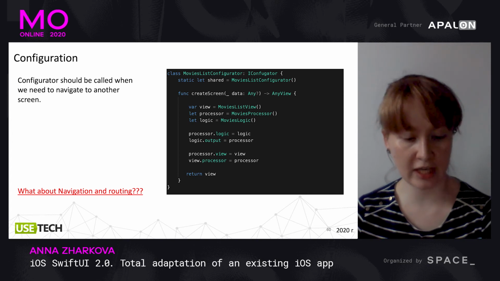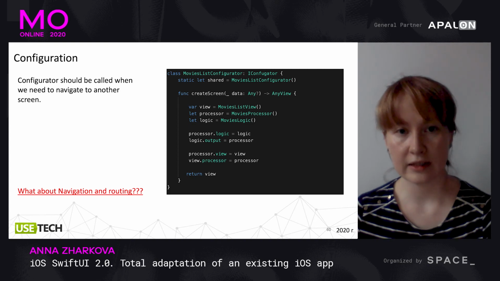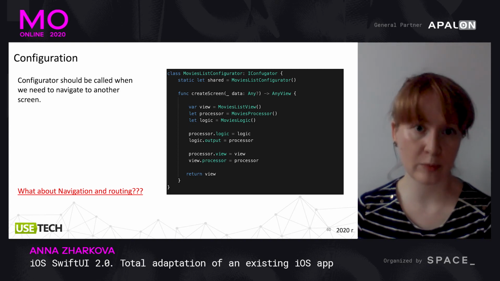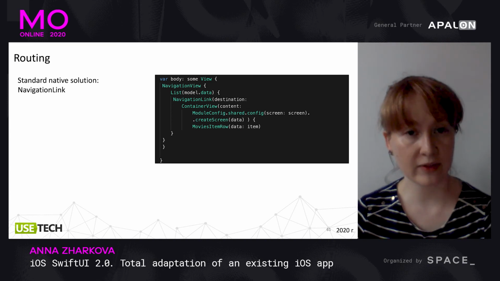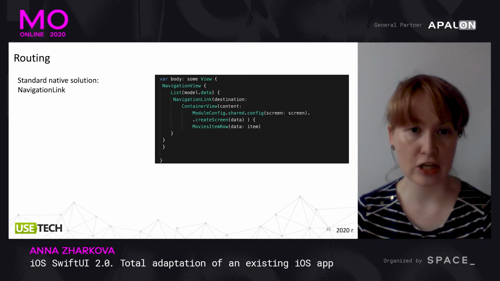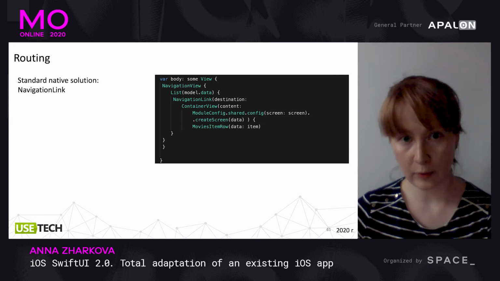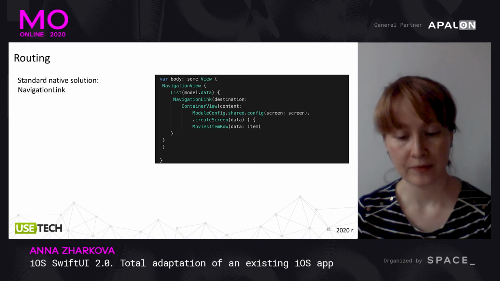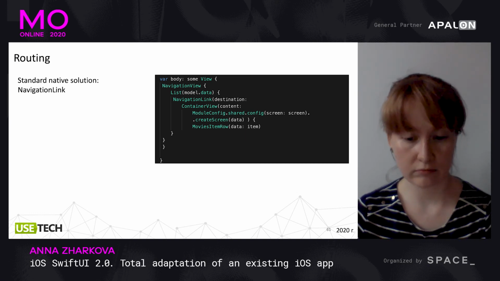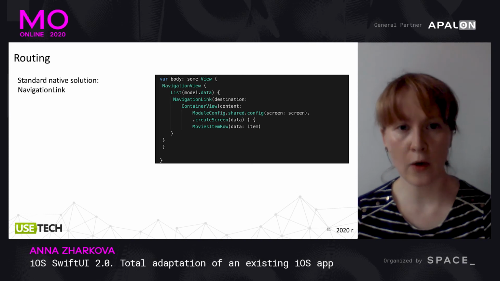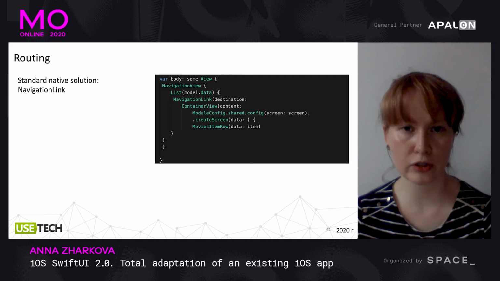So, we still have a problem with navigation and routing. How can we provide a solution to this? By default, we have NavigationLink, and this navigation link will have our complicated logic as a destination view. In our case it looks not so hard, there is not too much code.